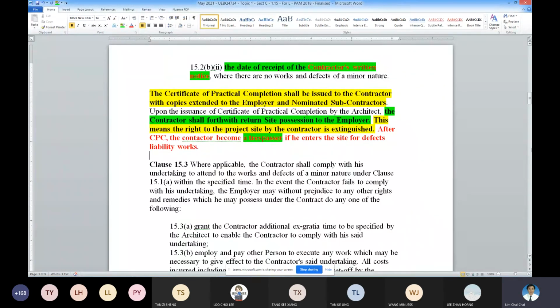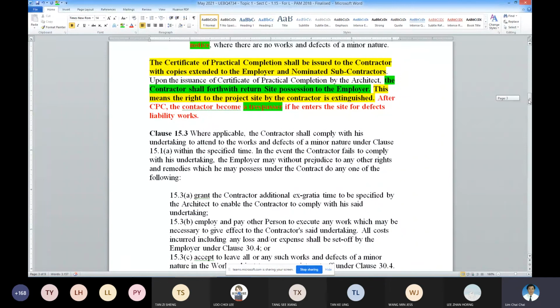Okay. Then another clause is clause 15.3. What is the significance of clause 15.3? Okay. So this 15.3 is more towards the so-called defects that are appearing during the defects liability period.